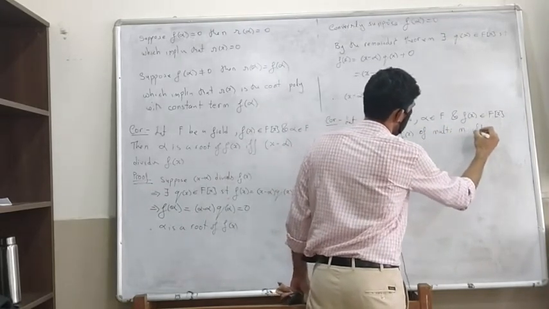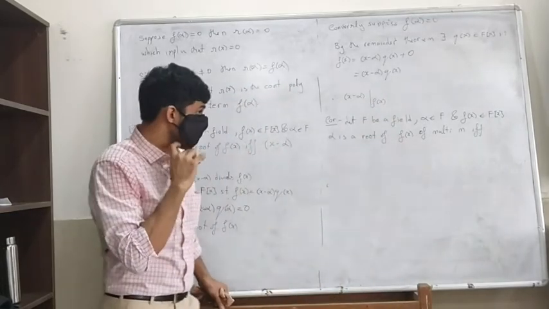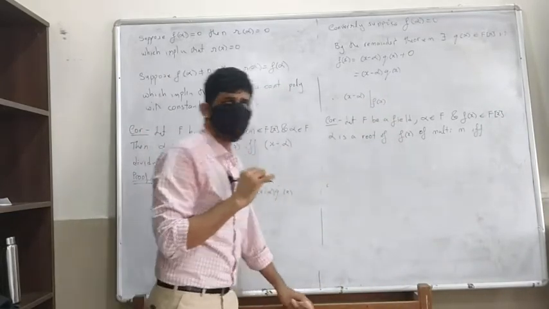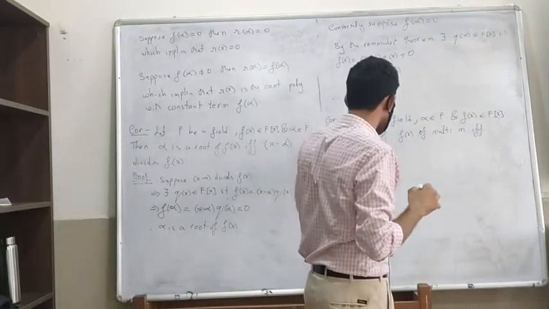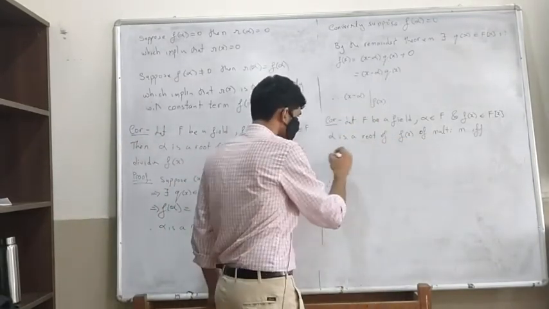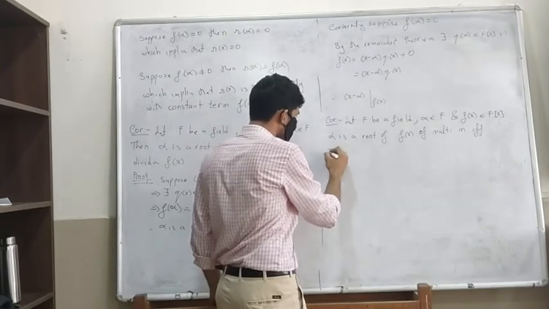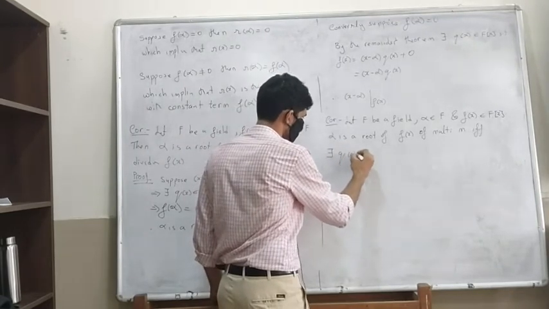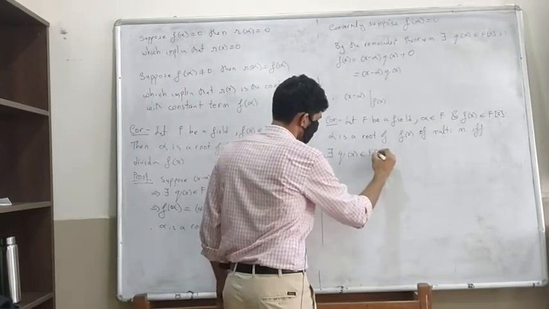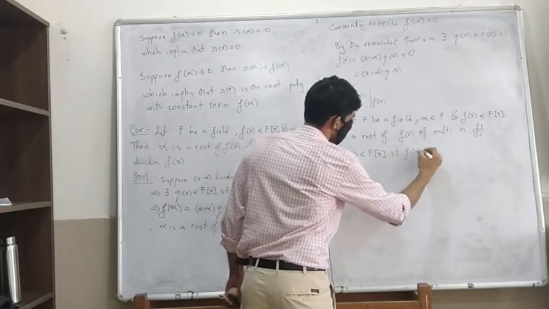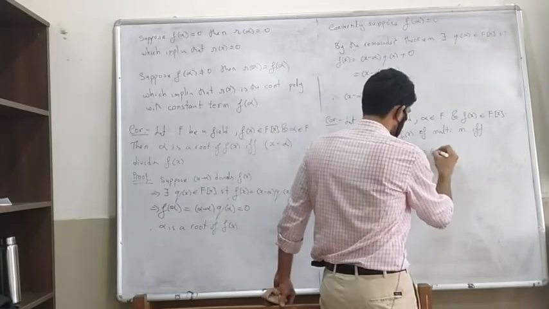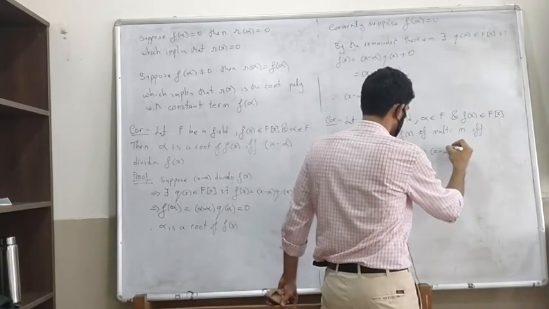if and only if. Okay, so there is another equivalent statement. You all must be familiar with this statement also. So this is a root of multiplicity m if and only if there exists some q of x in F[x] such that we can write f of x as x minus alpha raised to m times q of x.